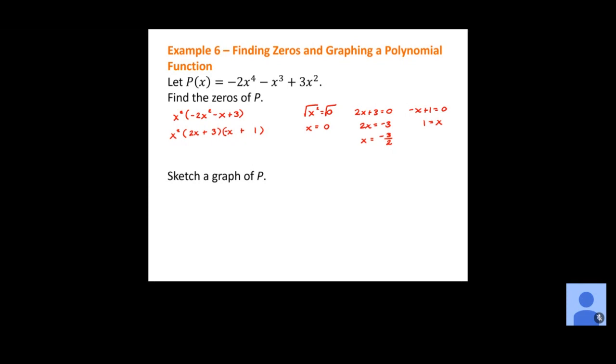The end behavior. Good. So if we look at the leading term, what's our degree this time? Good. We have a degree of 4. It's an even value. That means same direction. Leading coefficient is what?